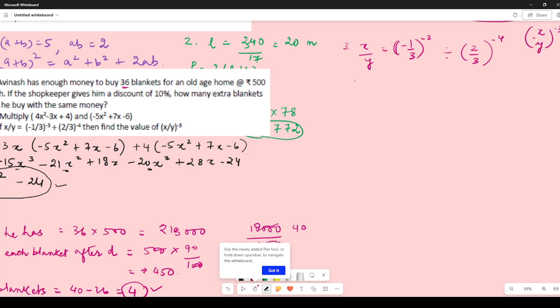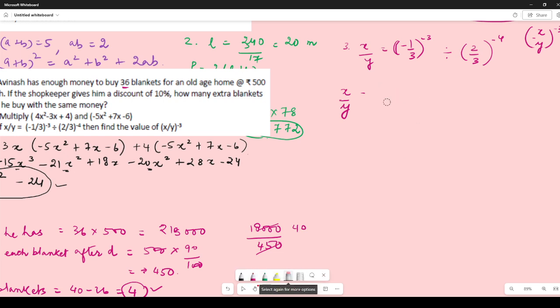minus 3. So first we find what the value of x by y is. x by y is equal to minus 1/3 to the power of minus 3, right? So what does this become? Minus 1/3.